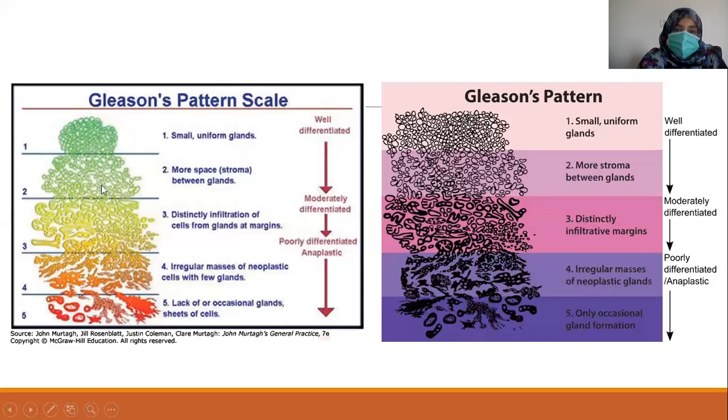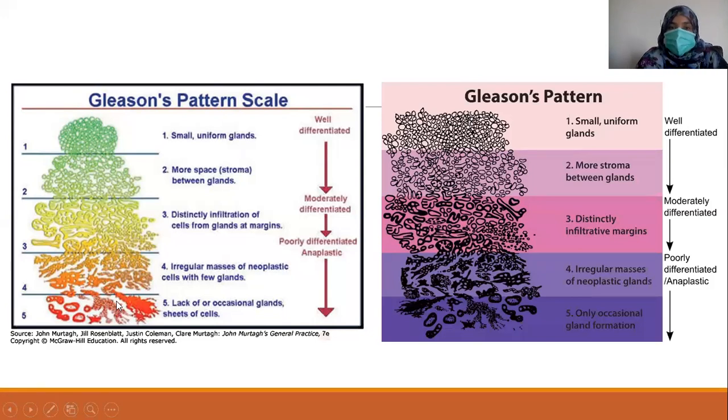If there is more stroma between glands, score 2. If there is distinct infiltration of cells from glands at margins, score is 3. Irregular masses of neoplastic cells with very few glands, score 4. And lack of or occasional glands with sheets of cells is score 5.